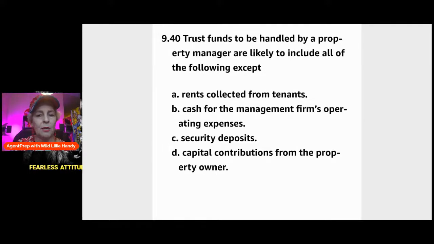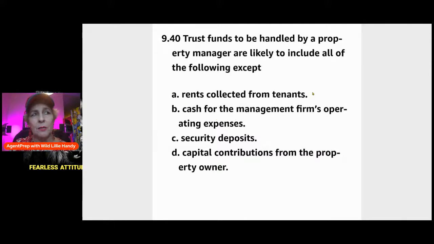Okay, the answer here is 40B, cash for the management firm's operating expenses. That is separate, their own business expense. Trust funds to be handled by a property manager are likely to include all of the following except cash for the management firm's operating expenses. That is business expenses.